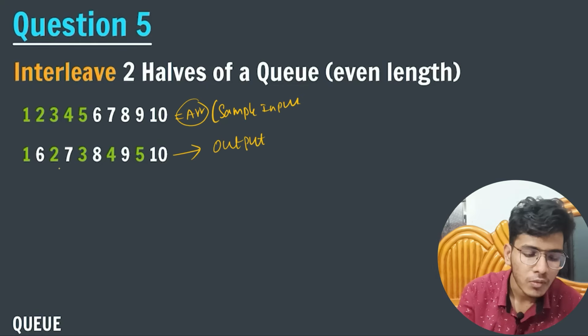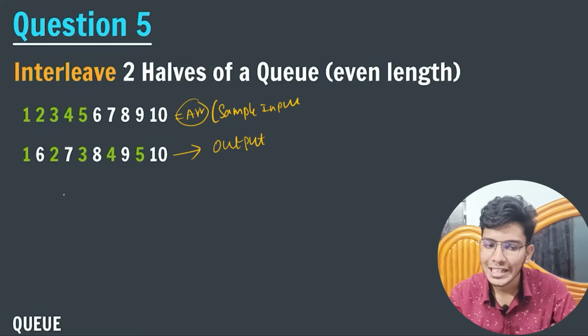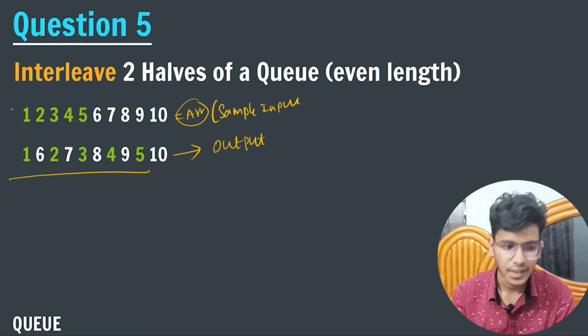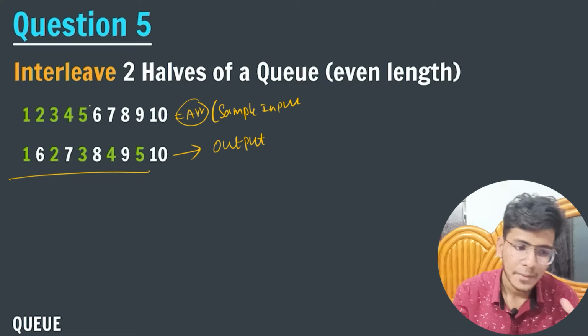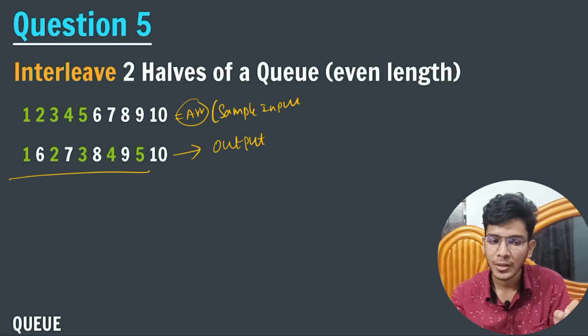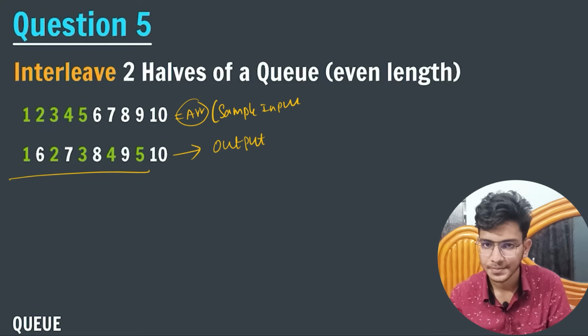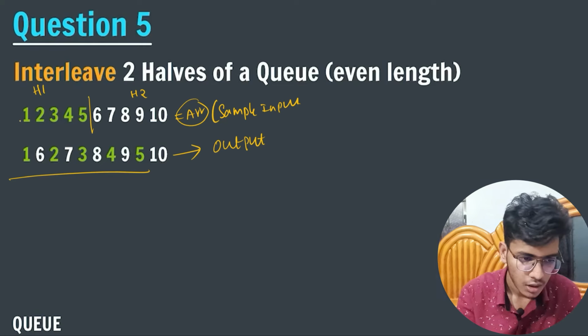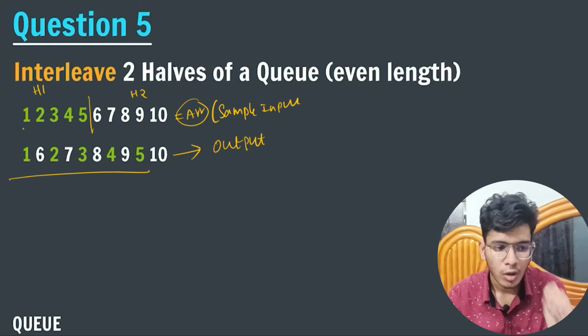So in this question we have to add elements in a queue in such a way that the output should look like this, right? So what we are basically doing is dividing the array into two halves, right? So let us consider this is my half 1 and this is my half 2. So the output should look like this.